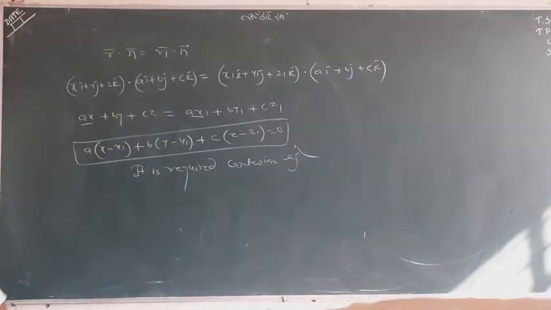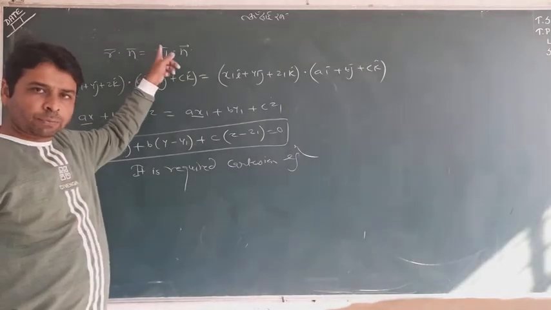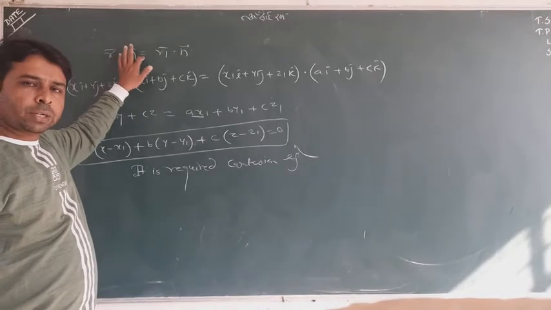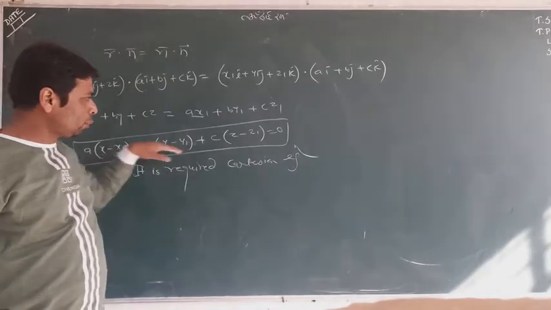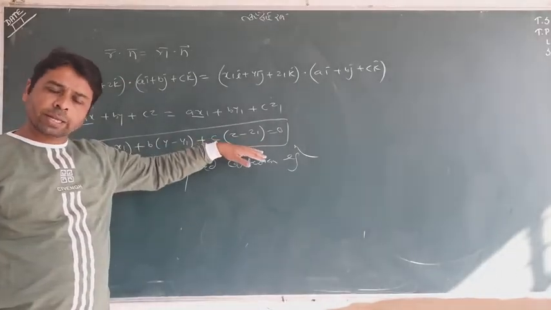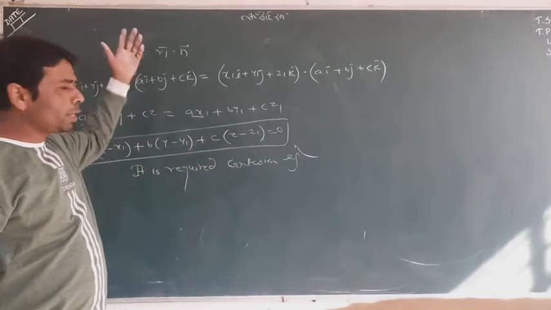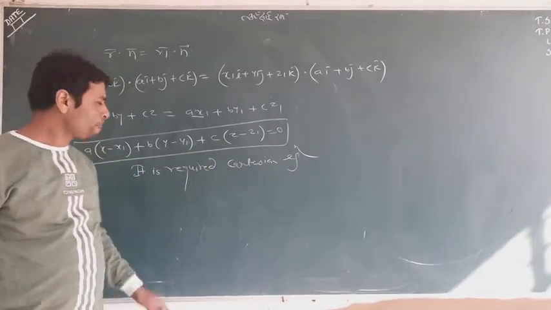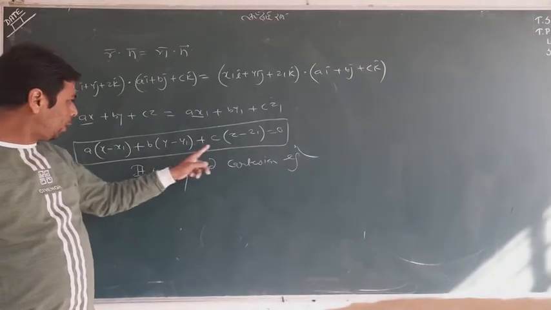Now again try to understand these two. This is a vector form, this is a Cartesian form. If you are not good at the vector form, no matter, please try to remember only the Cartesian equation, and then we will convert the Cartesian equation into the simple vector equation. So don't worry, I will teach you this also. Can you read the formula?